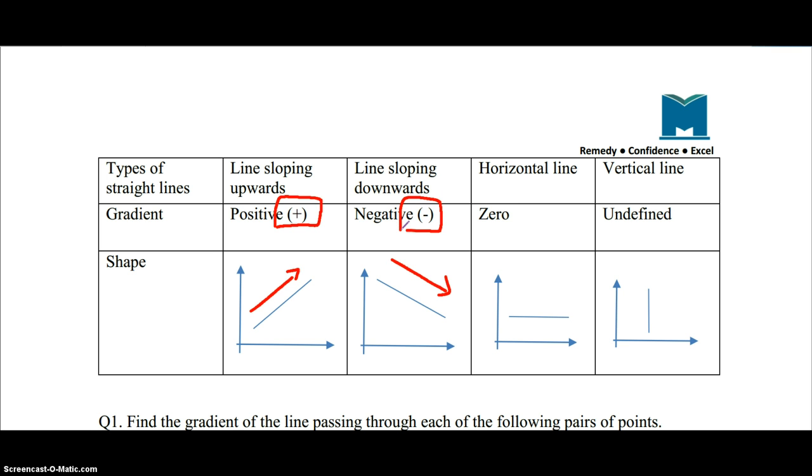If it's a horizontal line, parallel to the x-axis, the gradient will be 0. And if the line is vertical, parallel to the y-axis, then m is undefined.